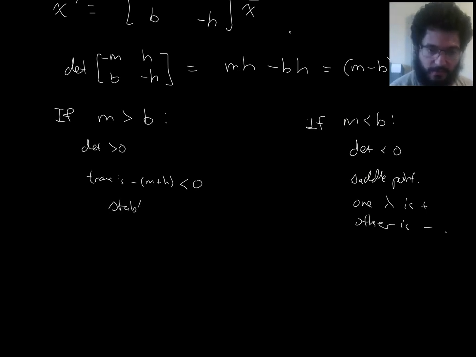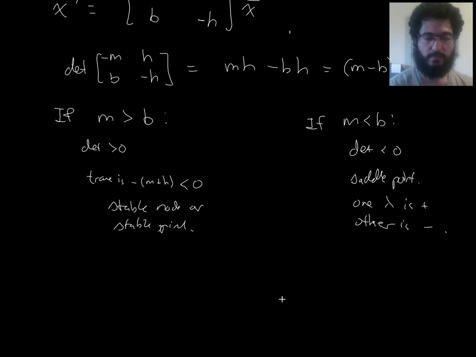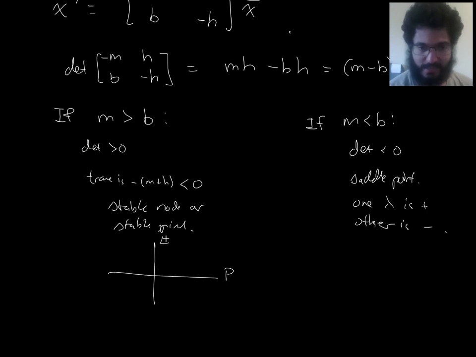So immediately we know we're looking at a stable node or a stable spiral. And that means everything goes towards the origin, right? So in PE space, population versus egg count space, stable node means things are just coming to the origin, and stable spiral also means things are coming to the origin.